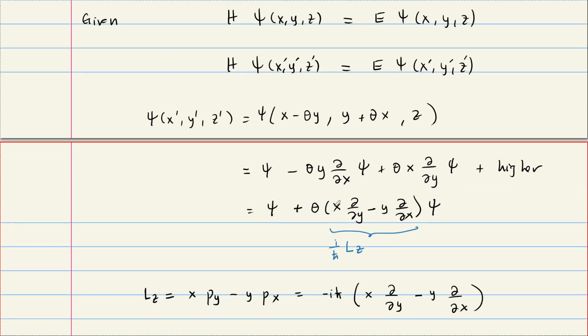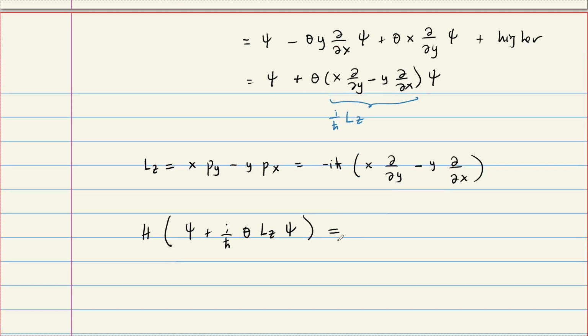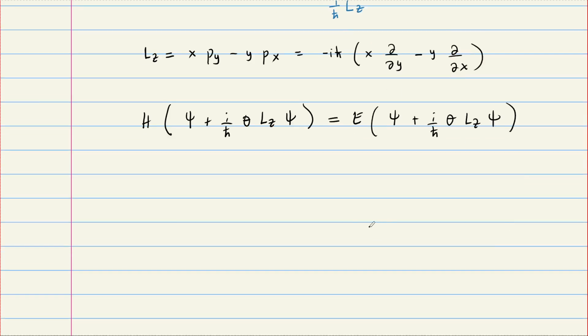Now I want to go back to the Schrödinger equation and put this there. So this is H, lowest order term is psi plus i over h bar theta Lz psi is equal to, on the other side I have E times the same thing, E times psi plus i over h bar theta Lz psi. Good? But H psi is given to be E psi, then I can cancel.